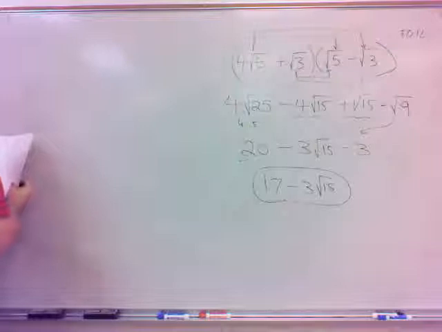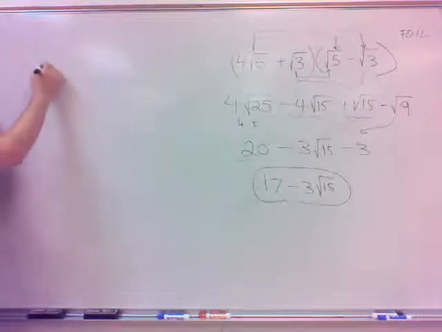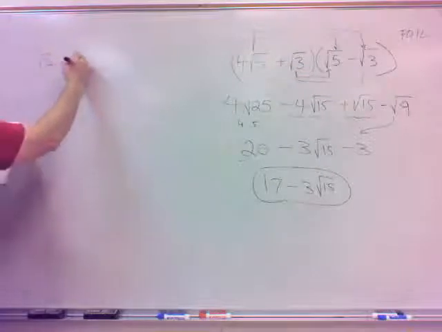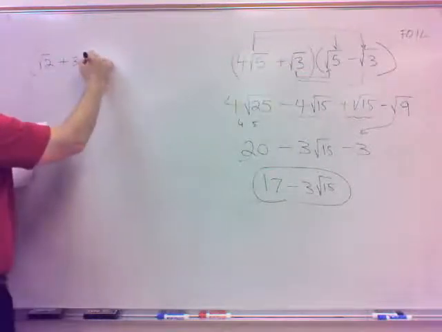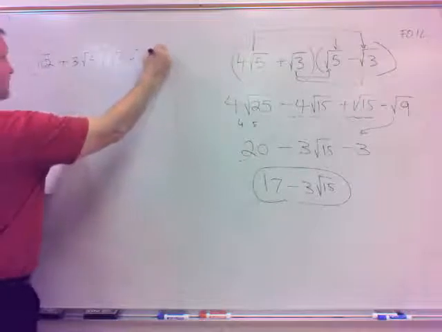They won't all necessarily simplify as nicely as that. It usually depends on what all you have. If I have the square root of 2 plus 3 square root of 5 times the square root of 3 minus 4 square root of 6, say.